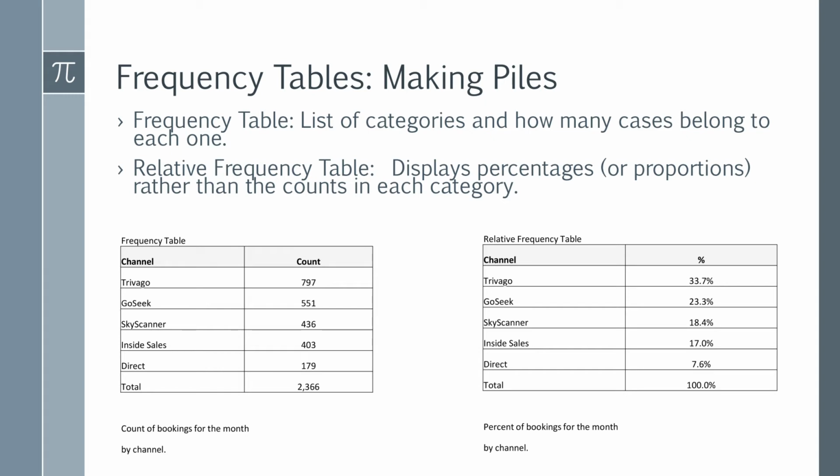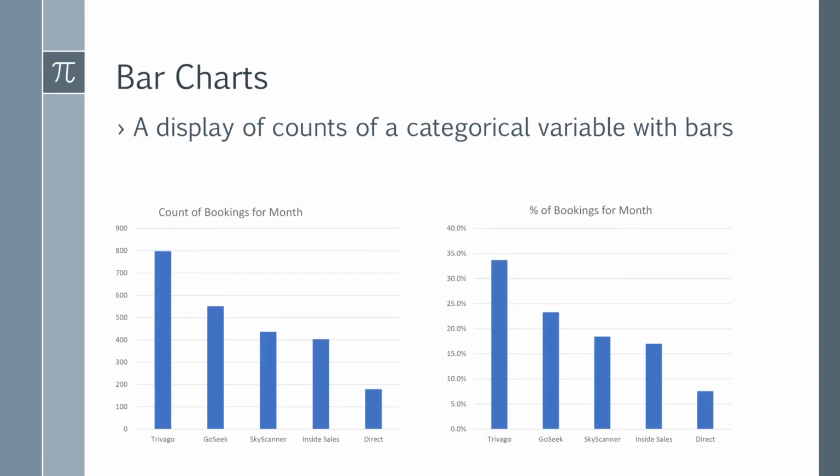That's what it represents. This slide shows us bar charts of the same data that we were looking at on the previous slide. The bar chart on the left is the count of bookings for the month. That would be a bar chart based off of the frequency table, the actual counts. And the bar chart on the right is based off of the relative frequency table, where it shows the percentages.